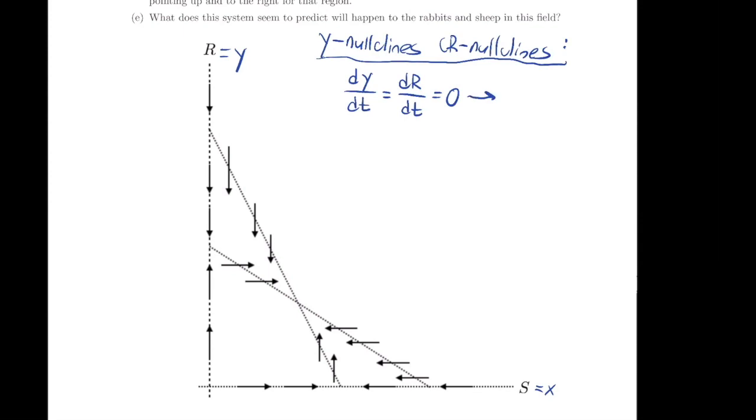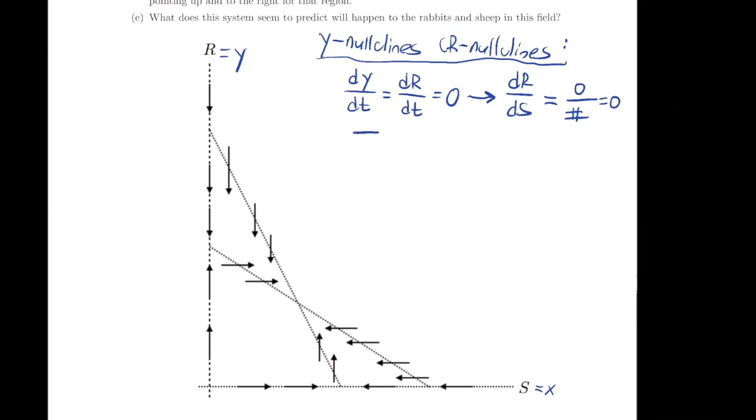And so when that happens, assuming that dS/dt is not 0, we would get dR/dS is equal to 0 over some non-zero number, and that would give us 0. So in other words, these are going to be vectors in the plane that have no slope.